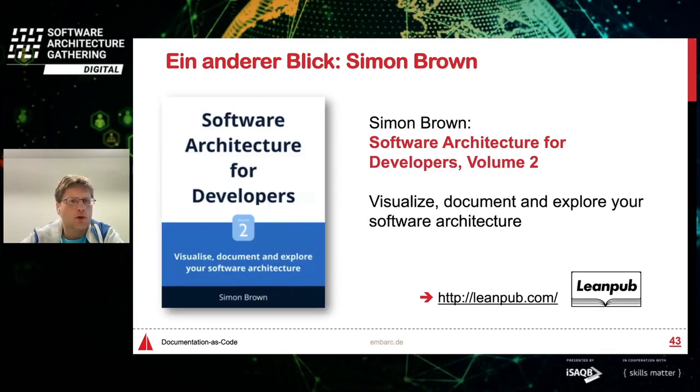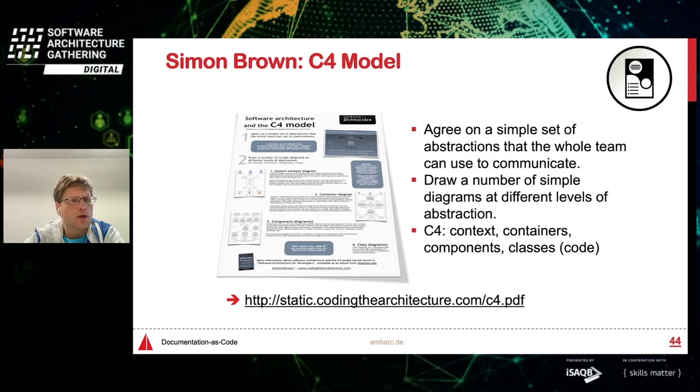And there's a second one which focuses on visualizing, documenting, and exploring our software architecture. And there he describes another model called the C4 model. It's similar to the arc42 I already told you about, with some differences, but if you're interested, just have a look. We won't go deeper than this slide at the moment.